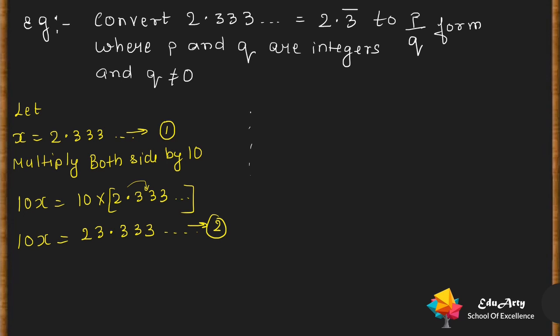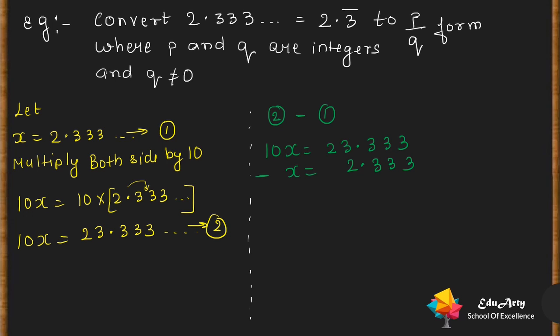Now let's take the second statement minus the first statement. What is our second statement? It is 10x is equal to 23.333. That's okay, we can just stop here. And our first statement was x is equal to 2.333.